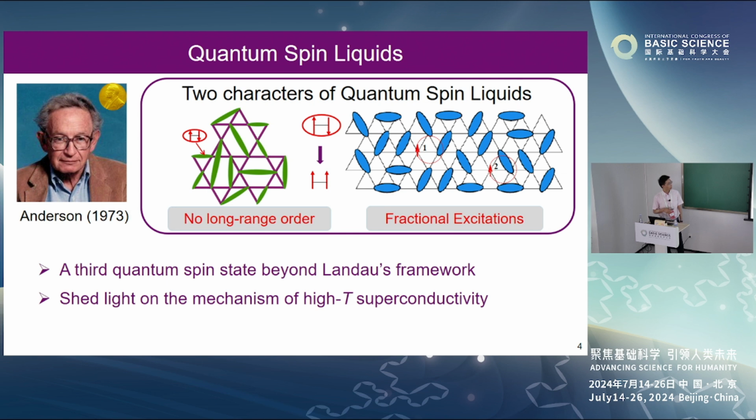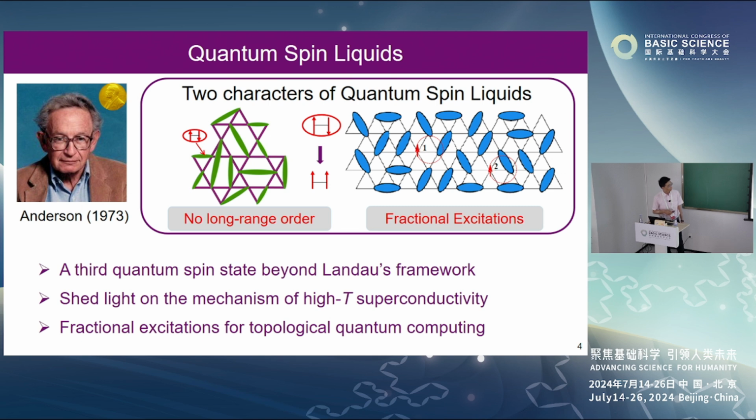So if you can understand quantum spin liquids, you may be able to understand the mechanism of high temperature superconductivity. And the third thing is that based on the fractional excitations, you may use them to do topological quantum computing. So it is very important to find a real material that is a quantum spin liquid.